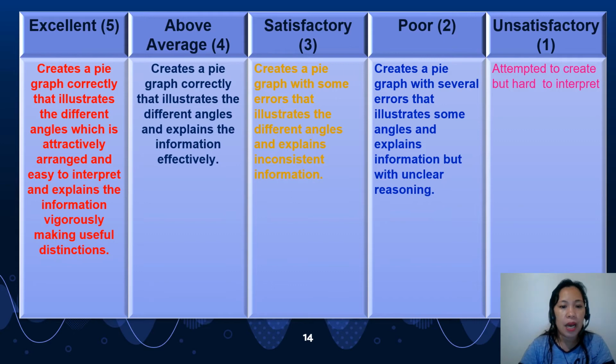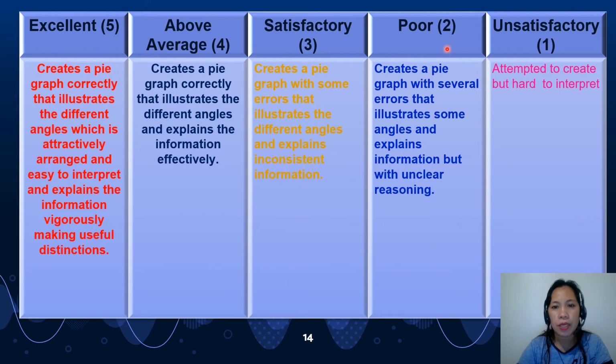For above average, creates a pie graph correctly that illustrates the different angles and explains the information effectively. Satisfactory, 3 points. Creates a pie graph with some errors that illustrates the different angles and explains inconsistent information.